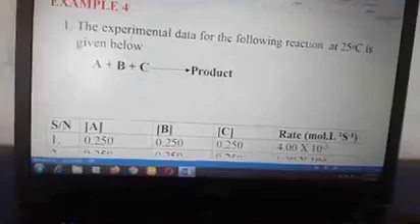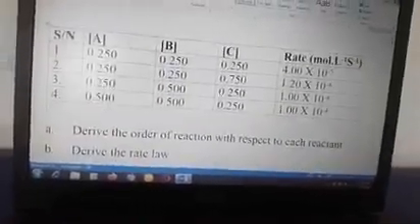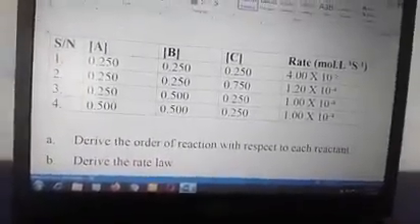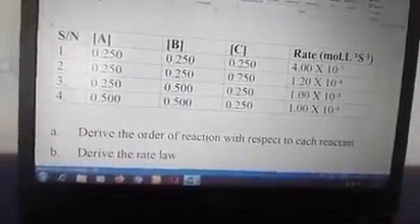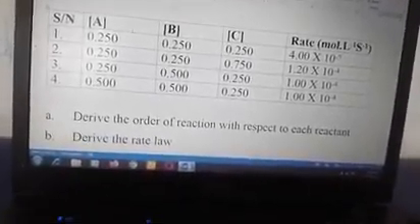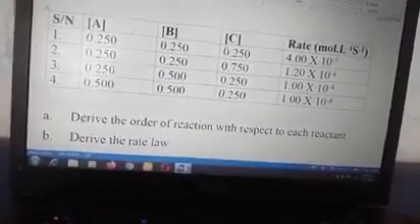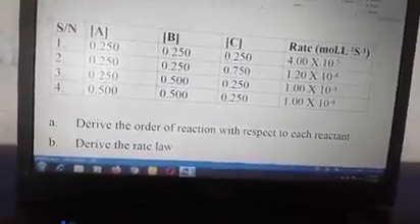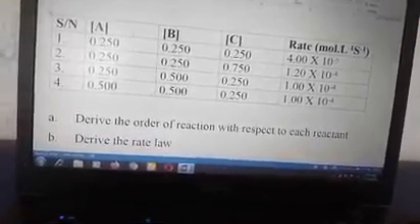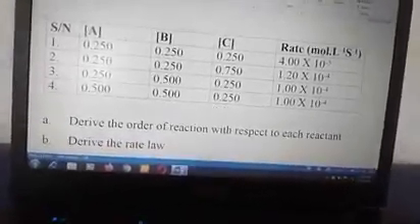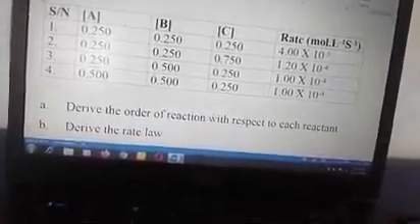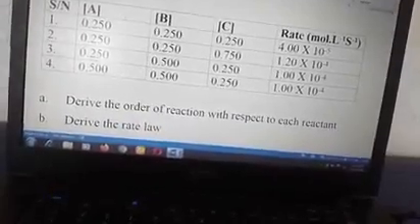So we have the table for the experimental reaction generated from the experiment between A, B, and C. Serial numbers 1, 2, 3, 4. A reads 0.250, 0.250, 0.250, and 0.500. Then B is 0.250, 0.250, 0.500, 0.500, and that of C is 0.250, 0.750, 0.250, and then 0.250.